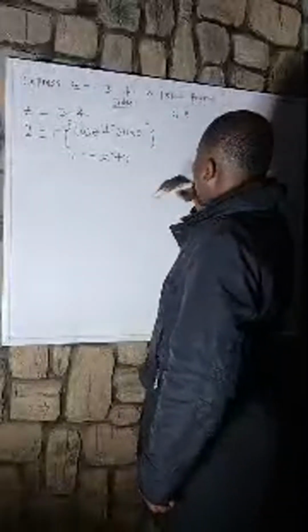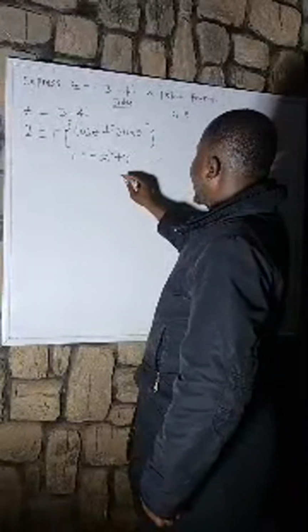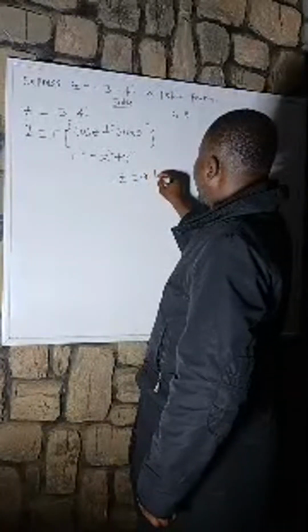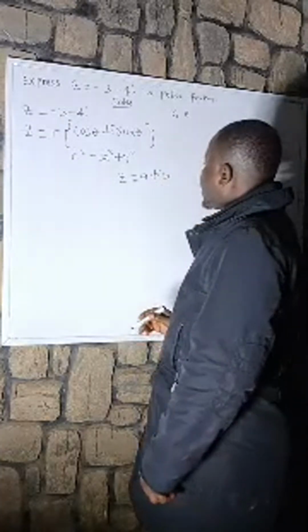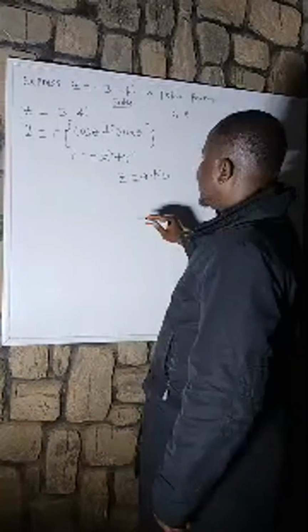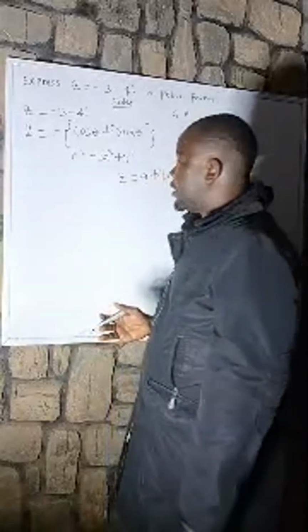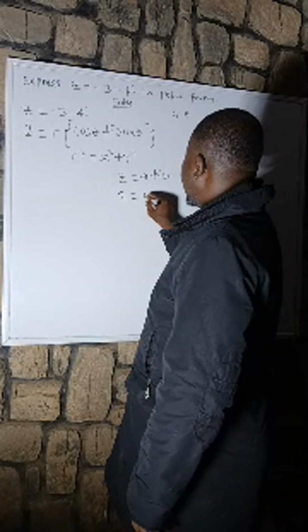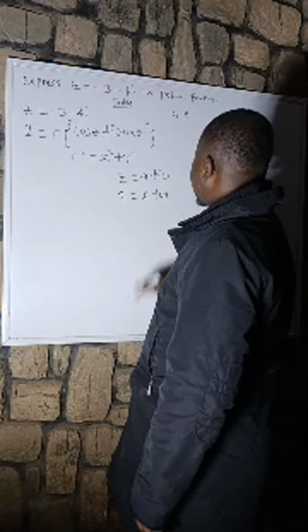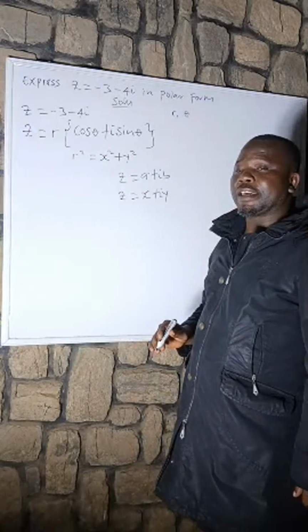Let's recall our complex number. We can have our complex number in the form a plus ib, but since we are talking about coordinates, we can represent our complex number in the form x plus iy.